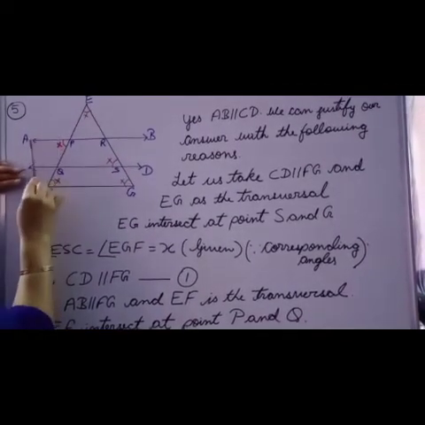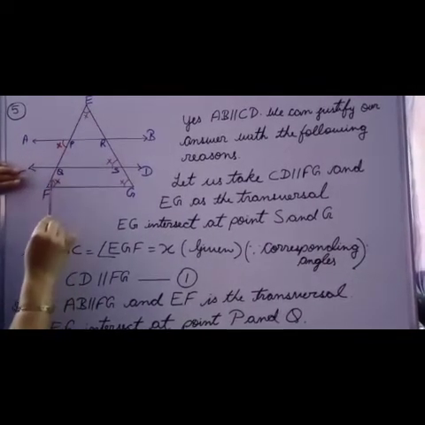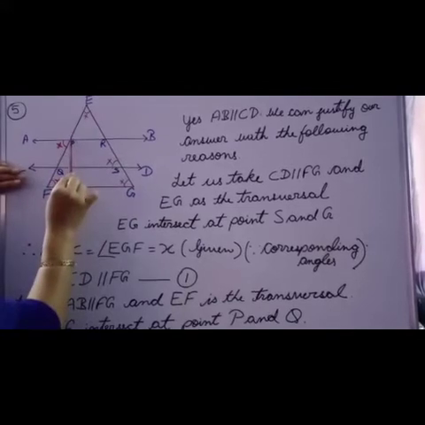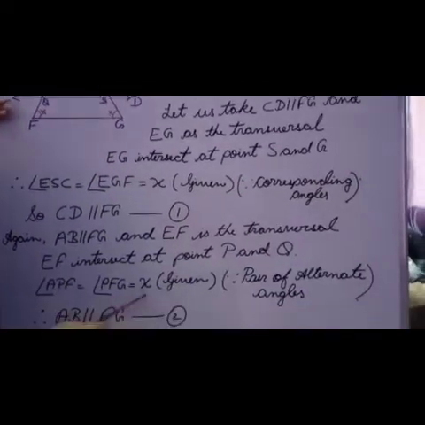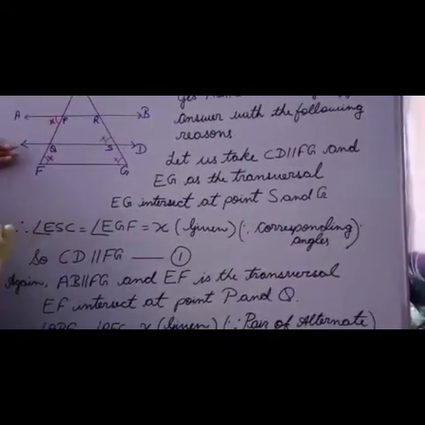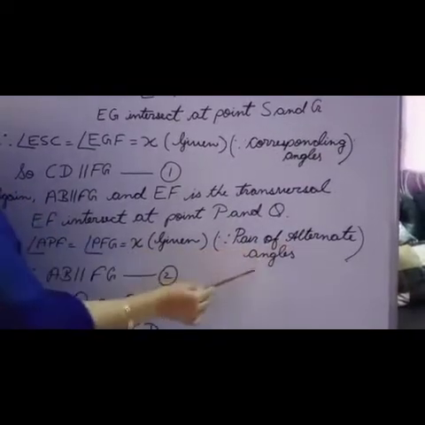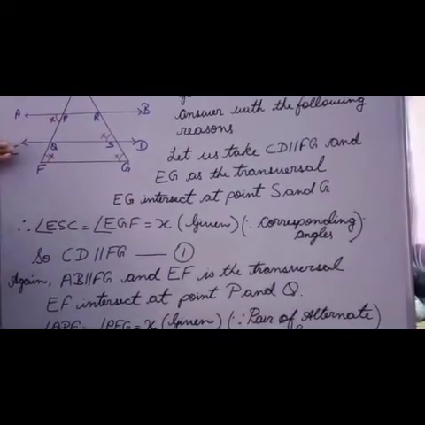What is given here? Angle APF is equal to angle PFG. Okay, so it is written here as X, already given. Now this angle is equal to this angle. Why? Because they are a pair of alternate angles. They lie on the opposite side of the transversal.